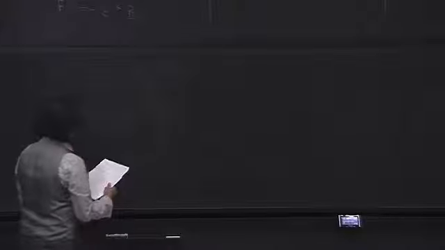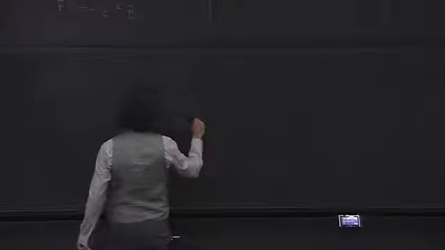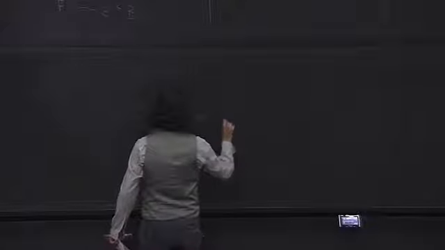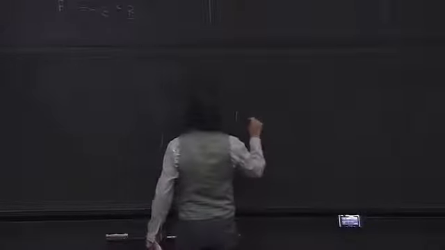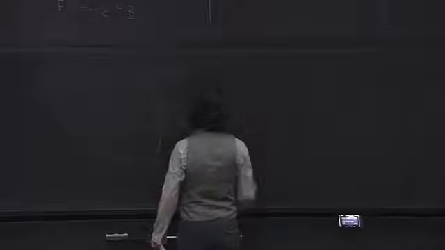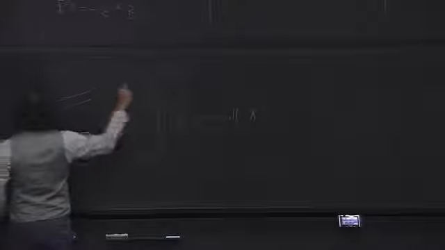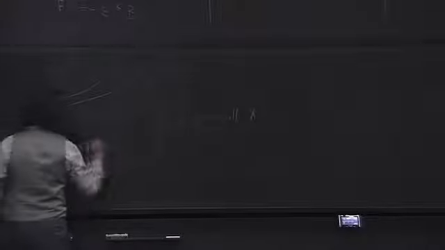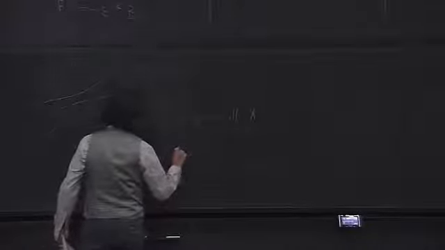So suppose this is the space of all solutions of A. So this is the space of all A's. Okay? So in this space, you will have what are called gauge orbits. So each of these is a gauge orbit.